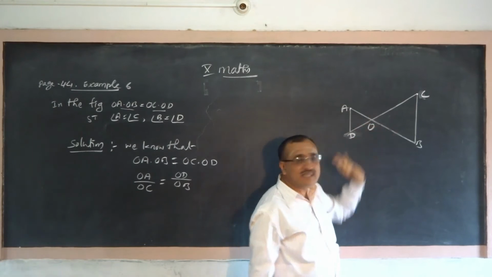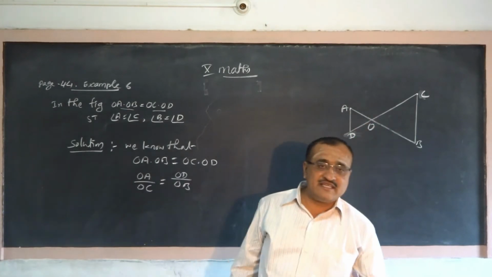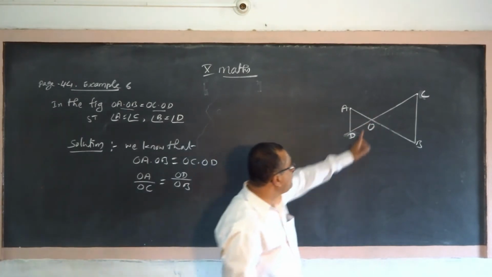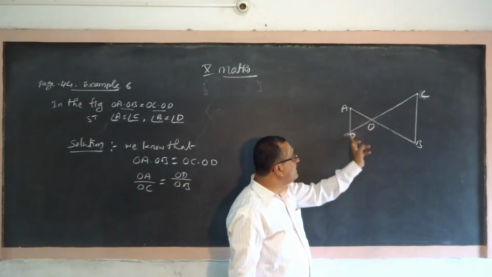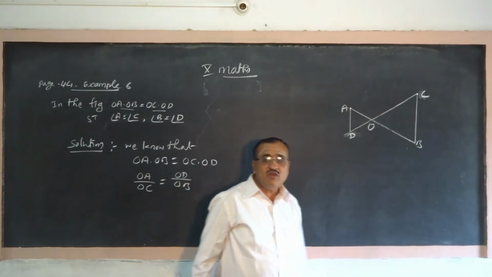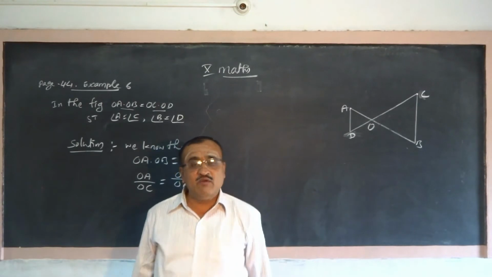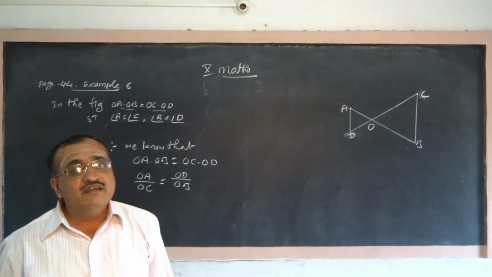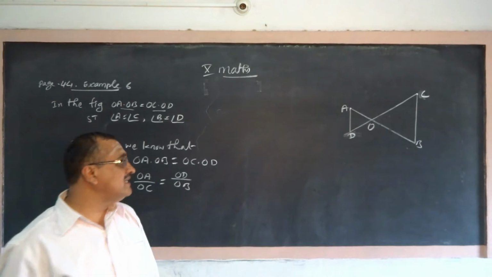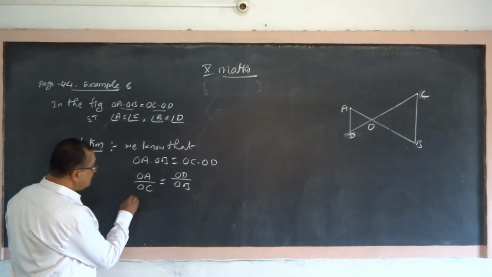Are these two angles equal? If so, it is the SAS criterion. Angle AOD is equal to angle BOC. Why is angle AOD equal to angle BOC? Vertically opposite angles.